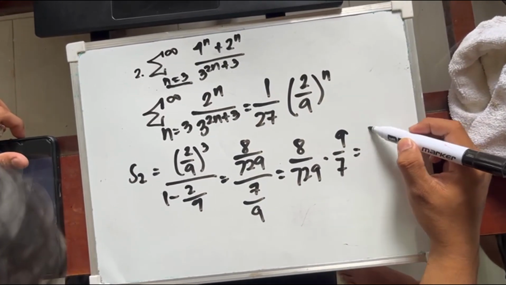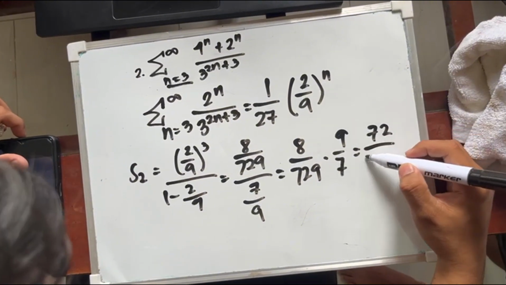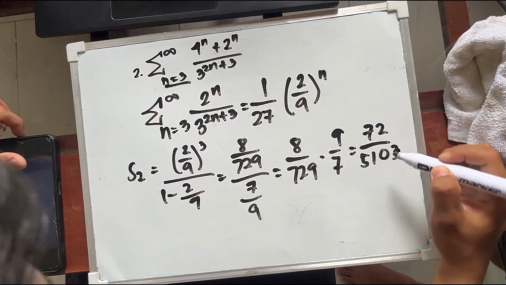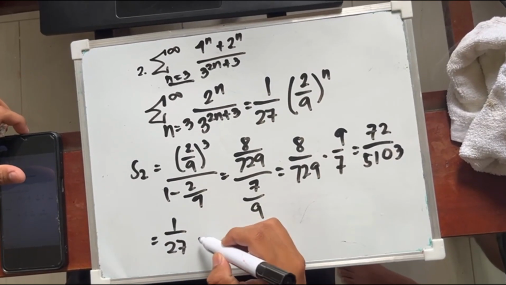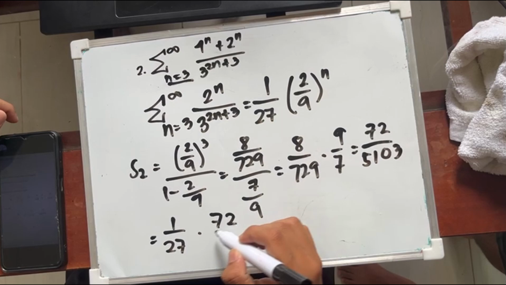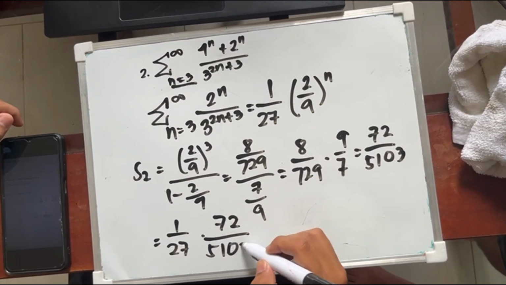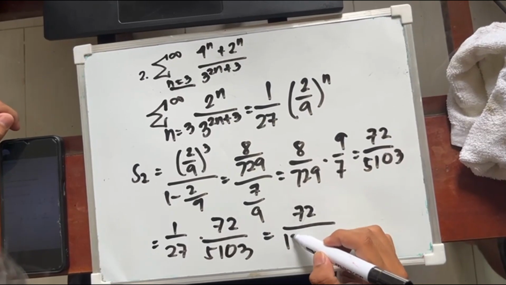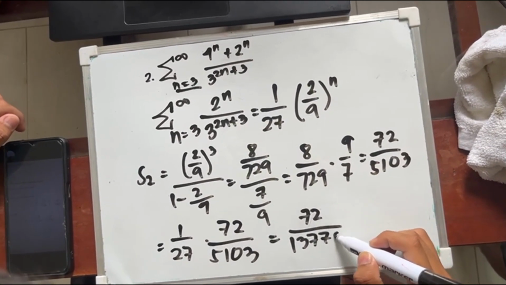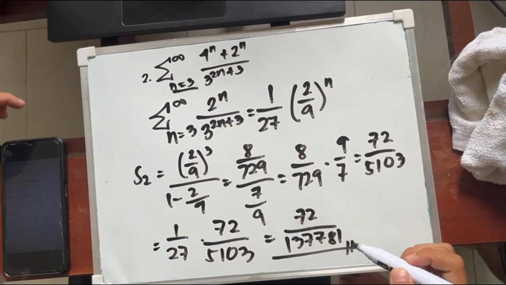So 8 over 729 times 9 over 7 equals 72 over 5103. So let's multiply by 1 over 27. 1 over 27 times 72 over 5103. So the final answer is 72 over 137781.